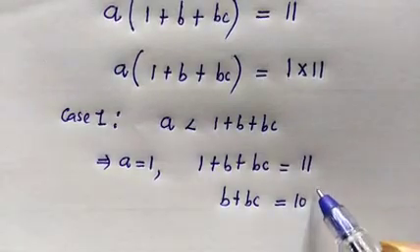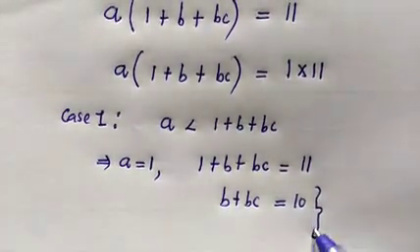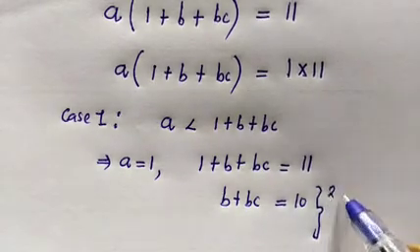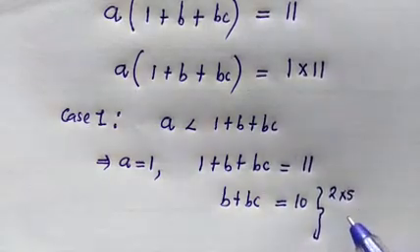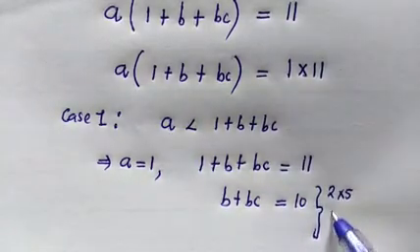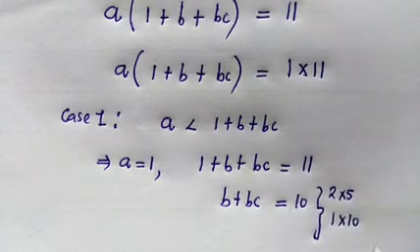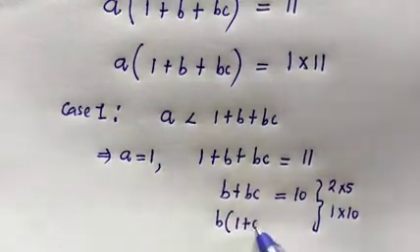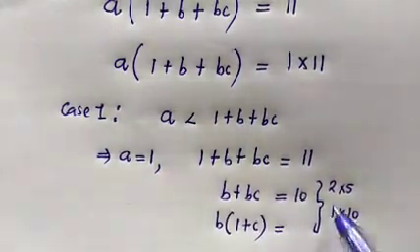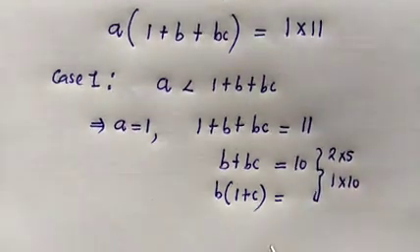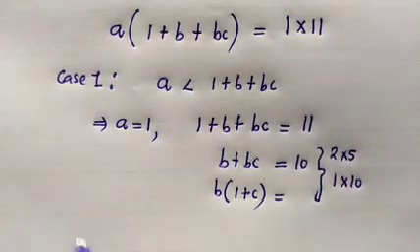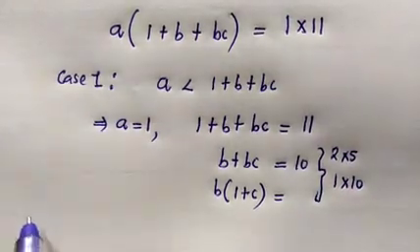Again, from this right-hand side here, remember we're solving for positive integers, so this can be factored into 2 times 5, and again into 1 times 10. Don't forget that when you factor out b here, we're left with 1 plus c. Now, if b into bracket 1 plus c is equal to 2 times 5, then we have the following possibilities.